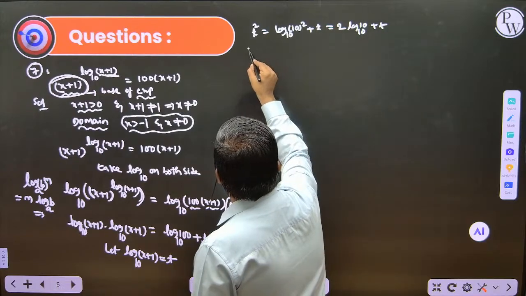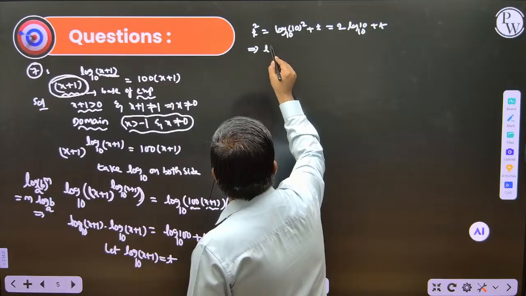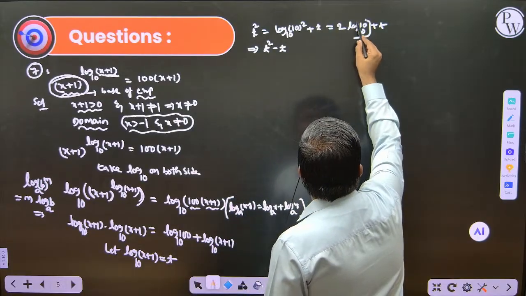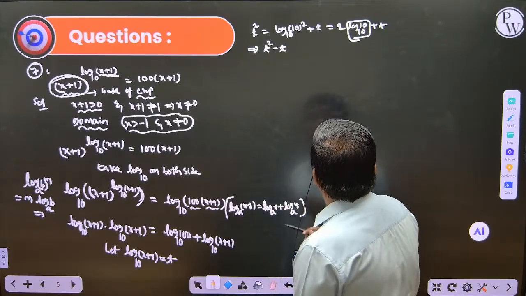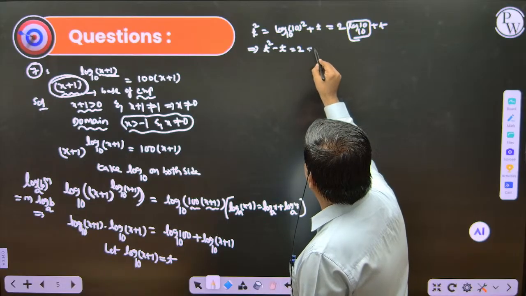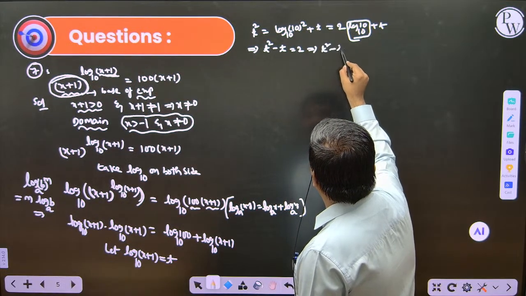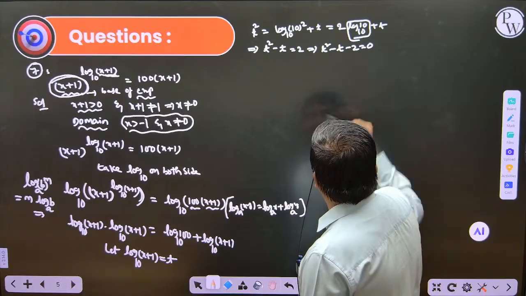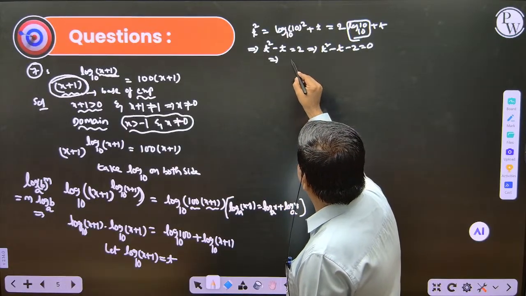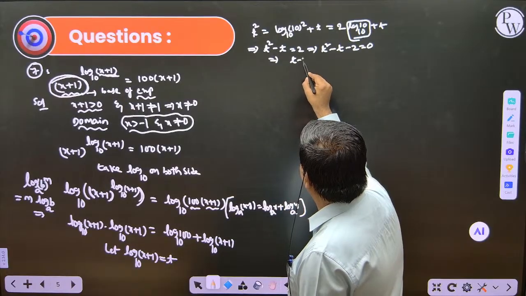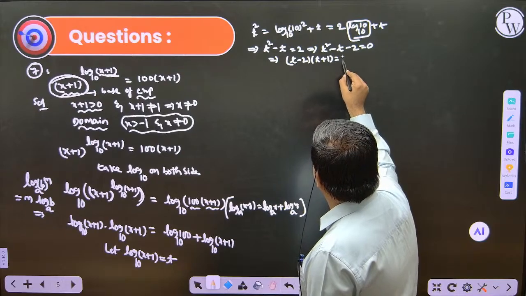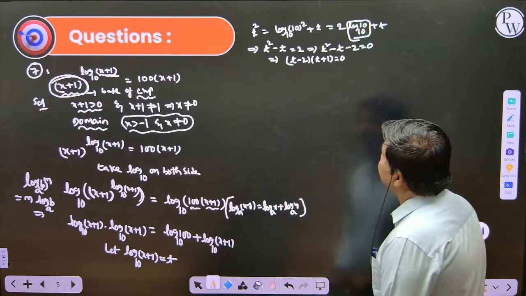That implies, shifting to this side, t square minus t. Log base 10 of 10 value is 1, so this 2 value shifted to this side: t square minus t minus 2 is equal to 0. Factorize it. This is written as t minus 2 into t plus 1 is equal to 0. Factorization.